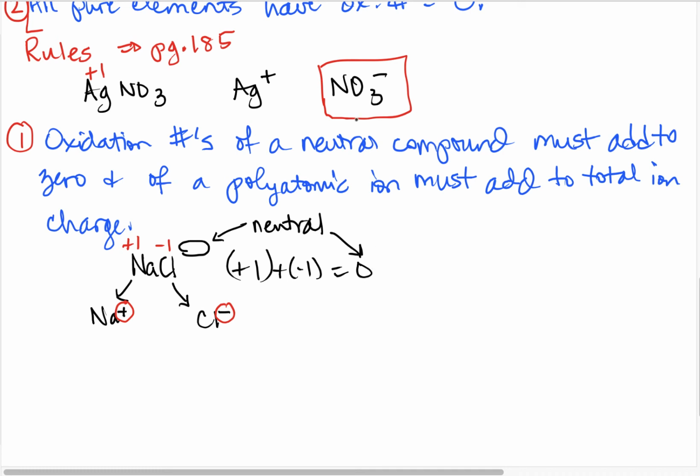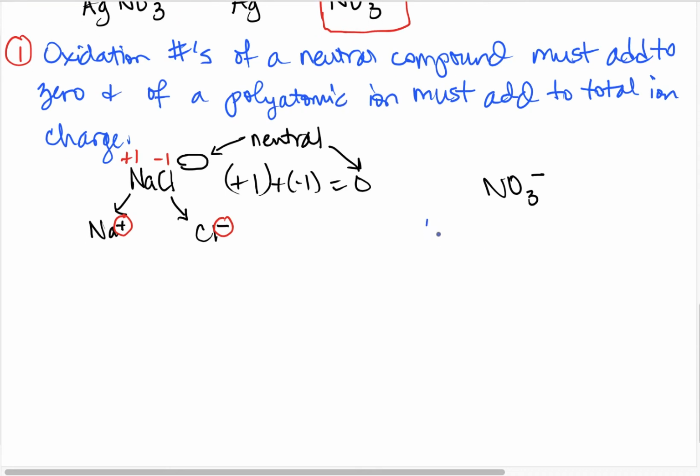So now we're ready to look at nitrate. And the reason why this really is a rule that I usually do later is because we need to know how to deal with oxygen. So oxygen is usually -2, which is going to be one of our later rules here. So it's going to be -2 in this polyatomic ion as well.